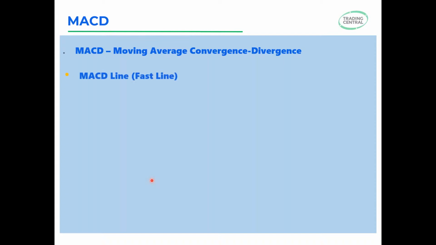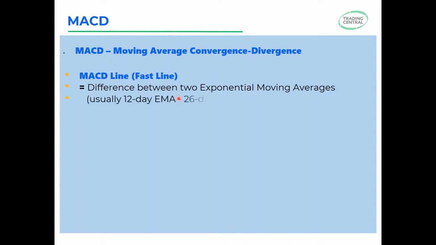There are two lines in this MACD indicator. One we call the fast line, generally blue in color. In fact, it is a difference between two moving averages. You just have a look, no need to remember it all.